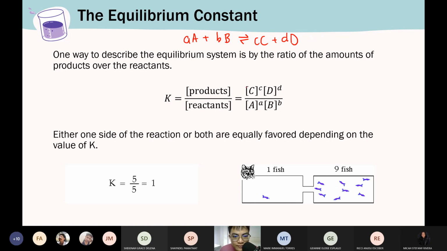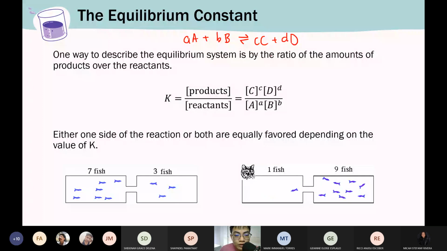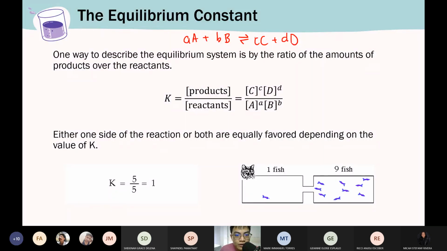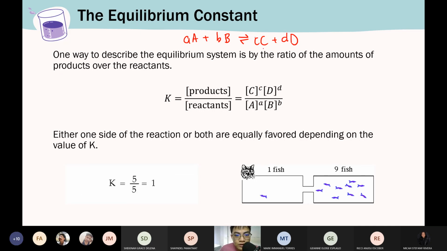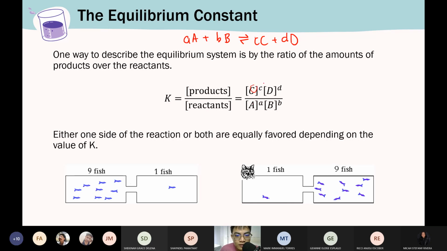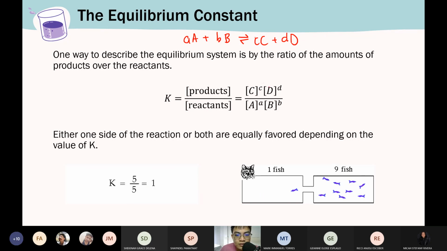So molarity ni C times molarity ni D. Okay? So you multiply the products. And then what do you do to their coefficients? For their coefficients, you need to make them the exponent of the concentration. Okay? So, kunwari, concentration of C, and then ito yung coefficient, then you make it C raised to the coefficient. So, ganun din kay D. So, that's the concentration of D raised to the coefficient.